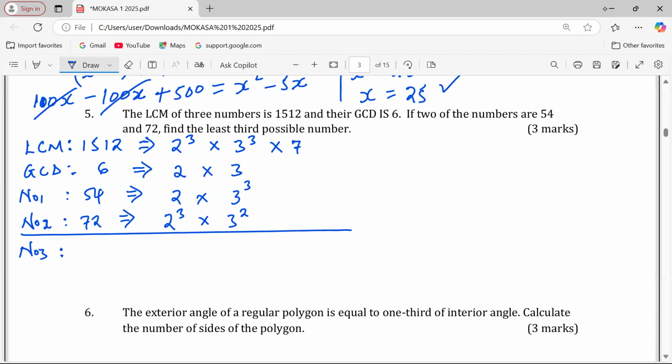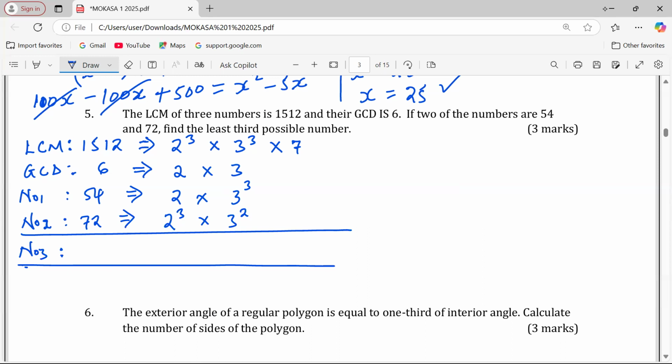Now we are going to ask ourselves a few things. Following the factors that we have, the three numbers must give us a GCD of 6. And the GCD has been split into 2 times 3. So every number which is coming in must contain 2.